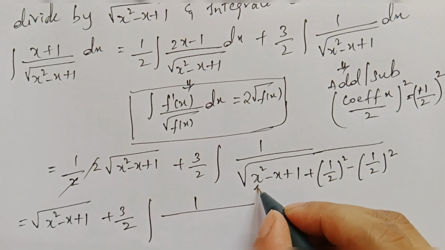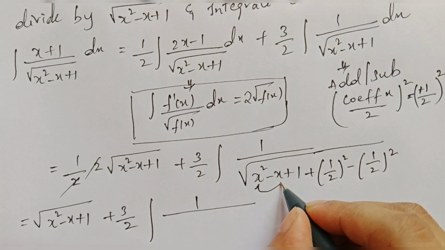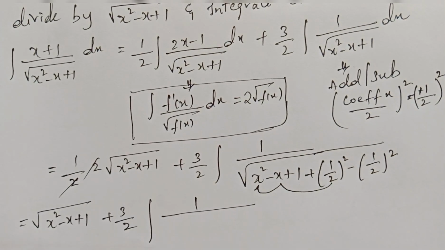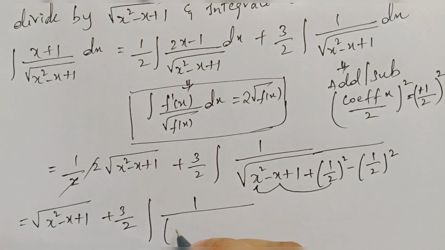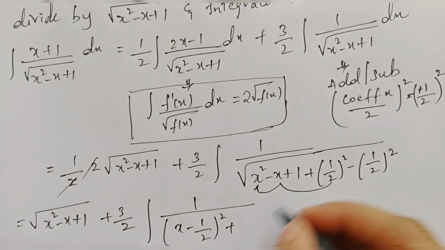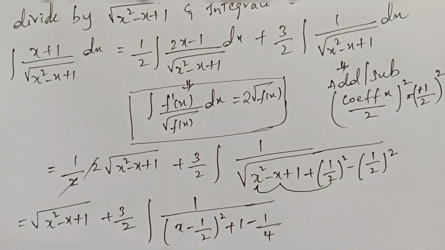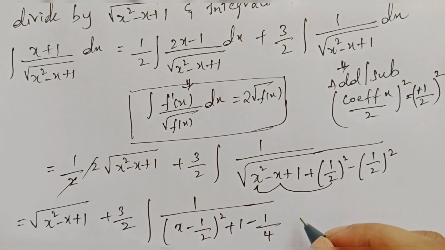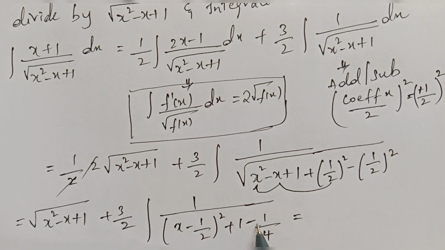This is a square, and here this is minus 2ab and this is plus b square. So it is a minus b whole square, so we can write it as x minus 1 by 2 whole square, and this one is remaining here, minus 1 by 4. Now we should solve this by taking the LCM, so it is 4 minus 1, which will be equal to 3 by 4 here.